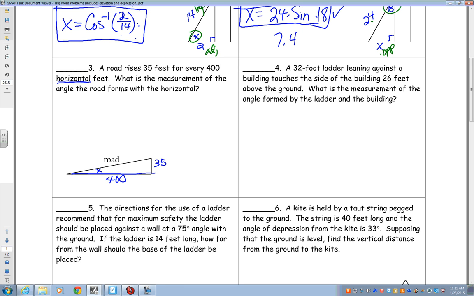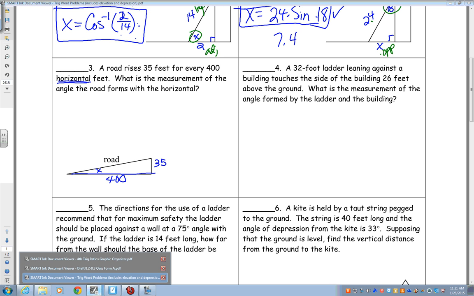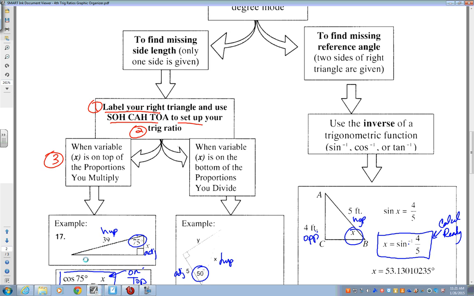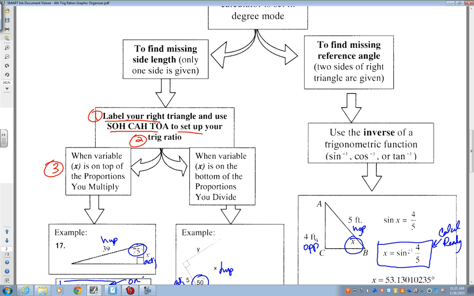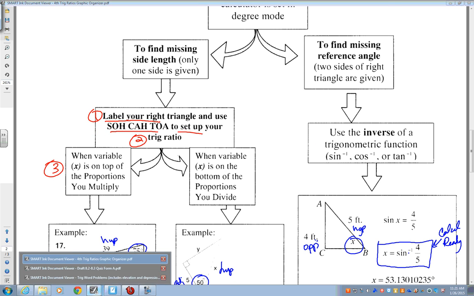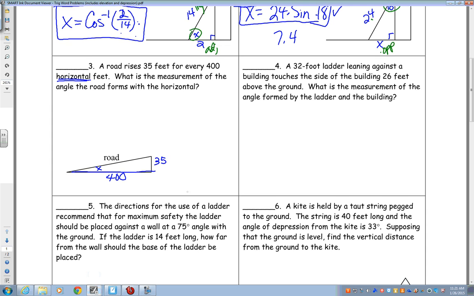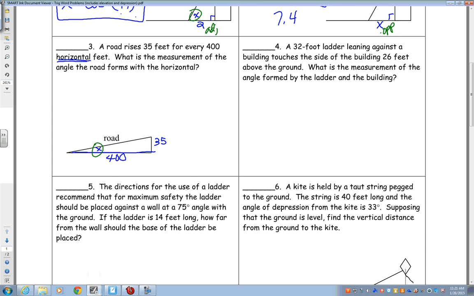So on our graphic organizer, it tells us basically if you're finding a side length or if we're finding an angle. Okay, so if it's angle, we know we're going to do this inverse trig function. What was that, Elias? You had it. It is tangent, yes, because if you circle your angle, we have opposite, we have adjacent. Well, if you don't, it helps you decide if you're going to do inverse or if you're going to multiply or divide.